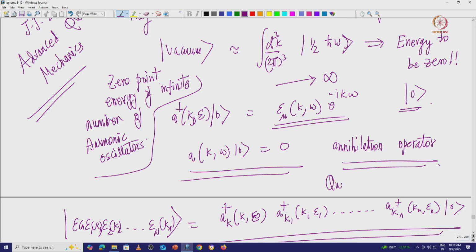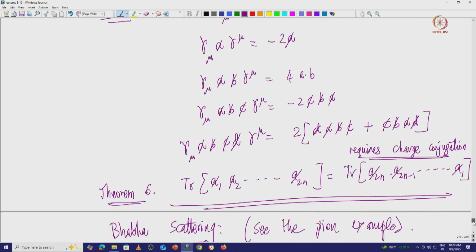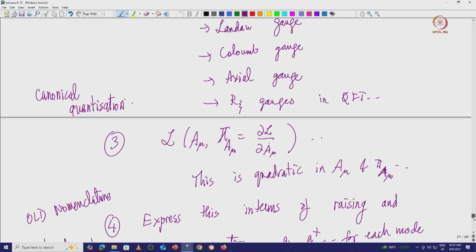We did not do the full details. We interpret it in terms of simple harmonic oscillators, and you may think that this is like a hodgepodge, but it is not true.